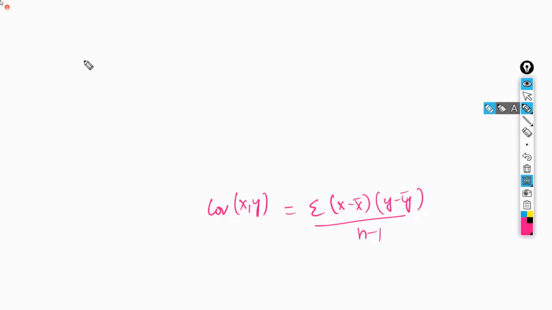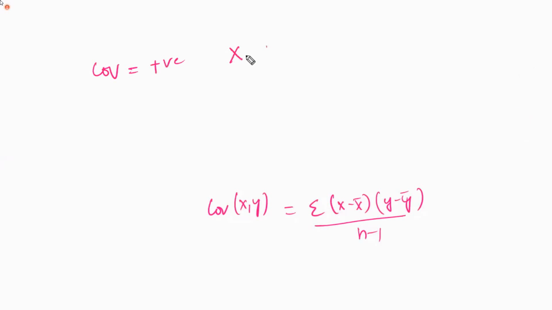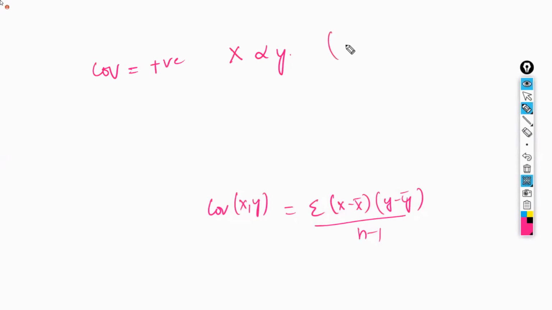Now, what is the use of this covariance? If the covariance is positive, as the x value increases, y also increases. If the covariance is negative, then x is inversely proportional to y, meaning as x value increases, y decreases.